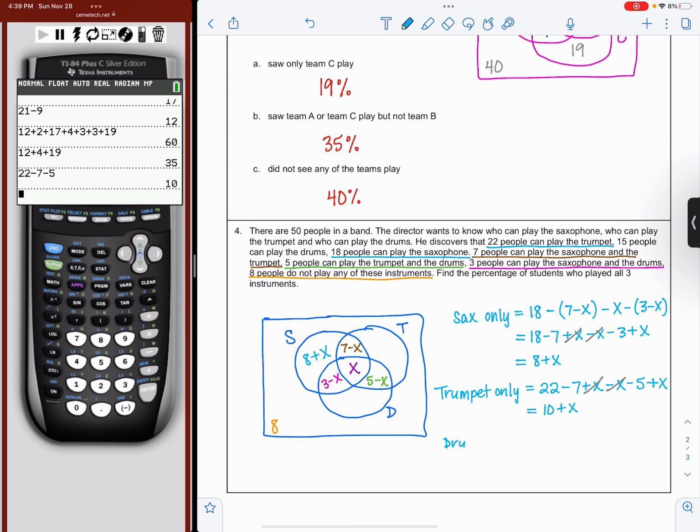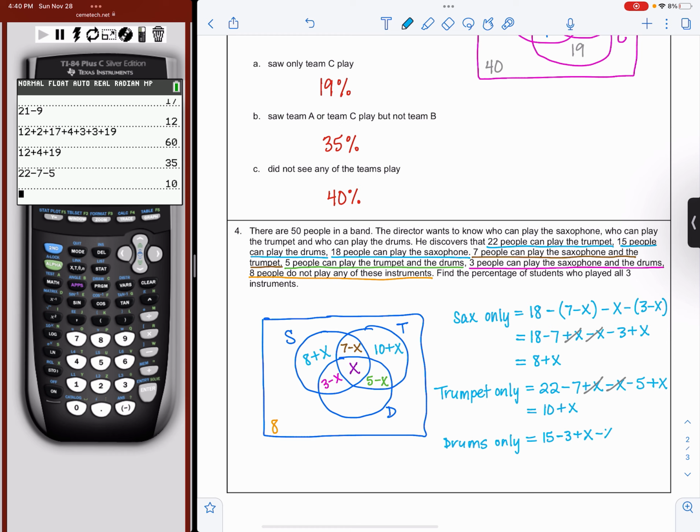Then we're going to have drums only. If we have drums only, that means it says we have 15 people can play the drums in total. So if 15 people can play the drums in total, I would have to subtract everything else that's in the drum. So I'm going to subtract the 3, which is minus 3. I'm going to subtract the negative x, which is adding x.